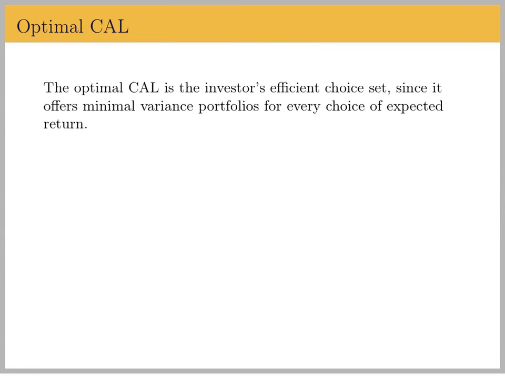Now the optimal CAL is the investor's efficient choice set because it offers minimal variance portfolios for every choice of expected return. So that is to say that I can just invest in these assets, or I can just invest in portfolios here. But why do I prefer to invest in the CAL?